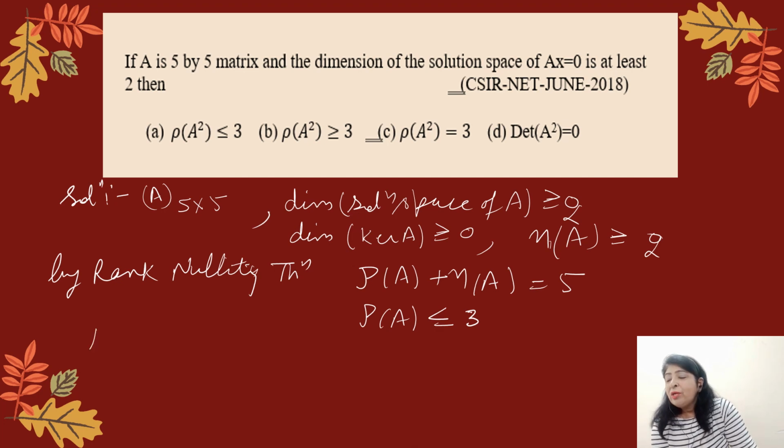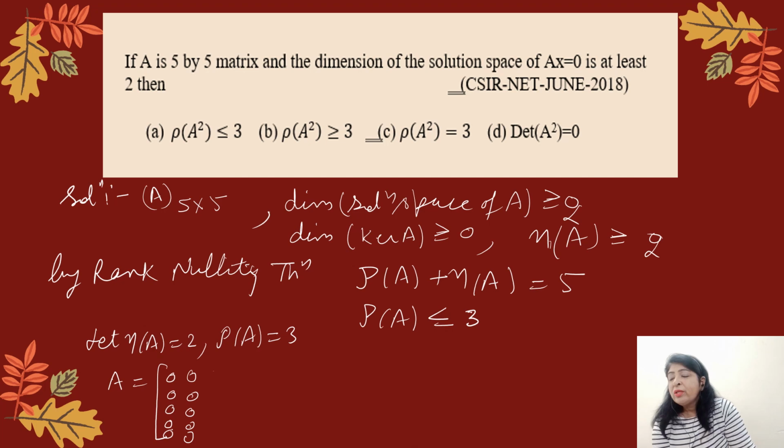Now what we do? Let nullity be 2 and rank of A be 3. So we form a matrix A of order 5 having nullity 2 and rank 3. Clear?